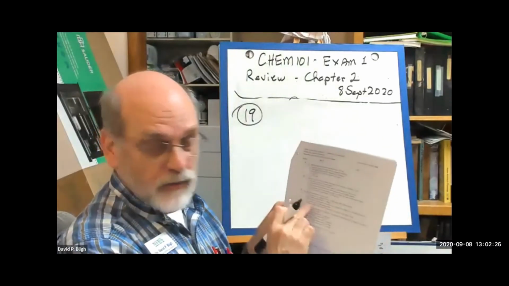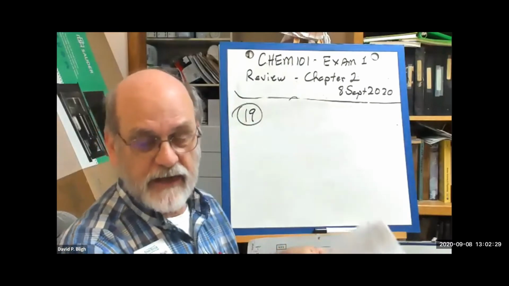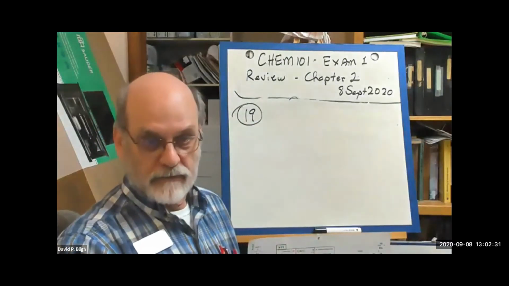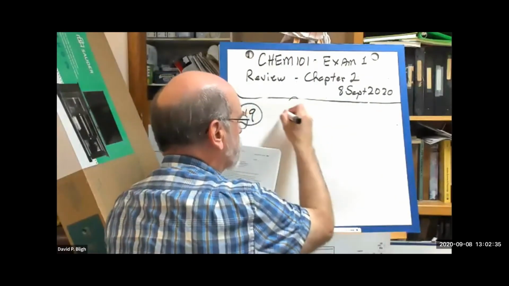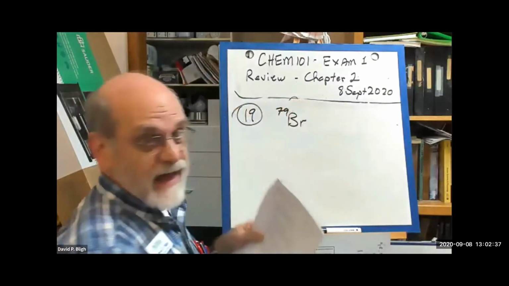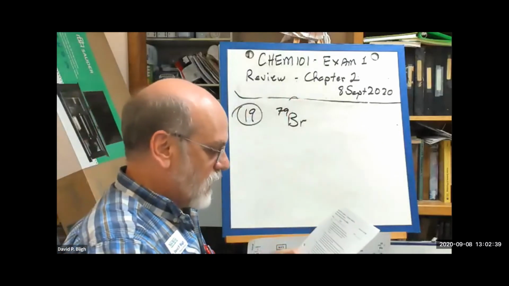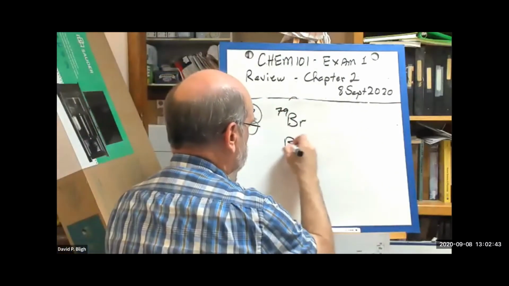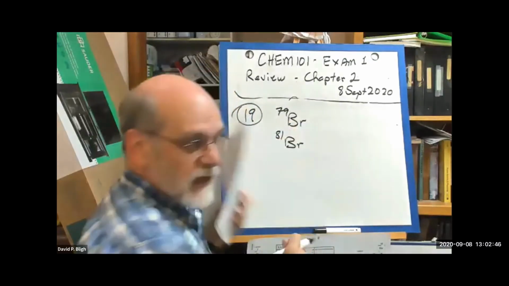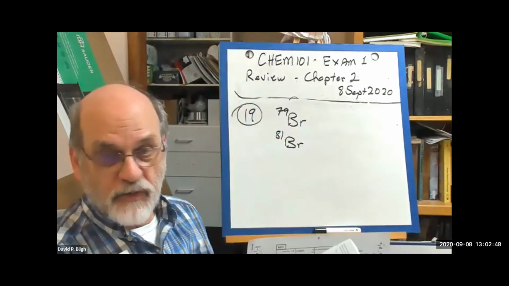This is correct. Bromine-79. That's correct. 79 is the mass number. But there's another way to write that. Bromine 79, right? And bromine 81. Naturally occurring isotopes of bromine.